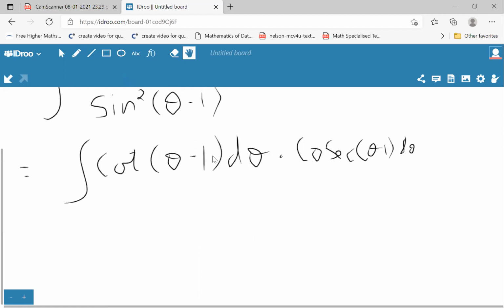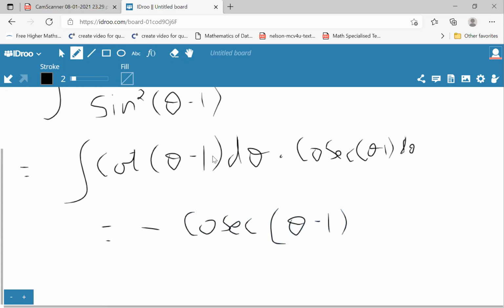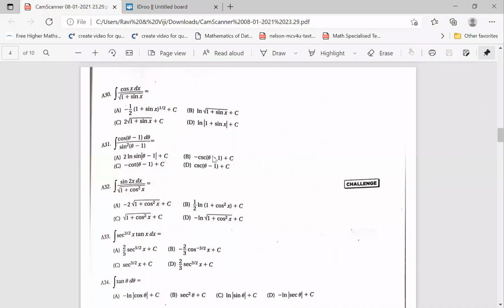So integration of cot theta cosecant theta is nothing but minus cosecant theta. So this is equal to minus of cosecant theta minus 1 plus c. So option B is correct.